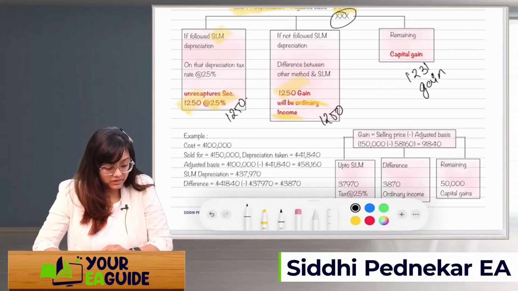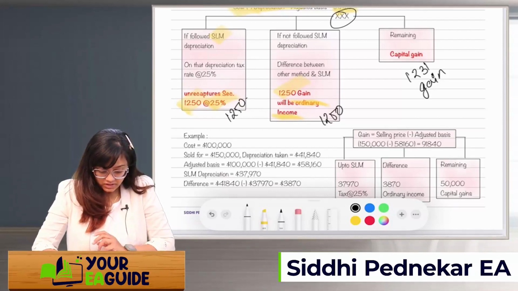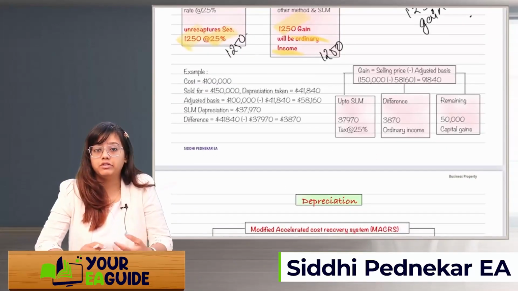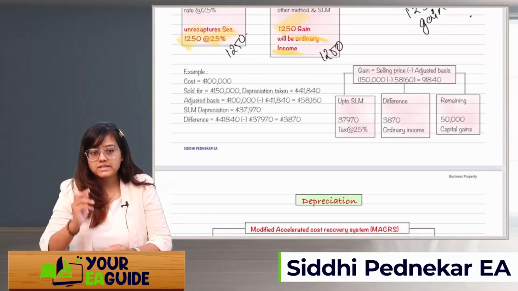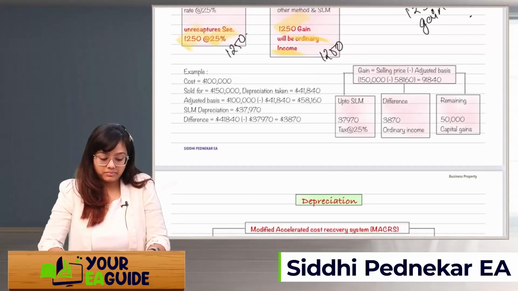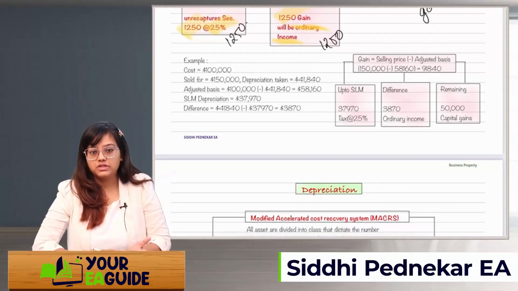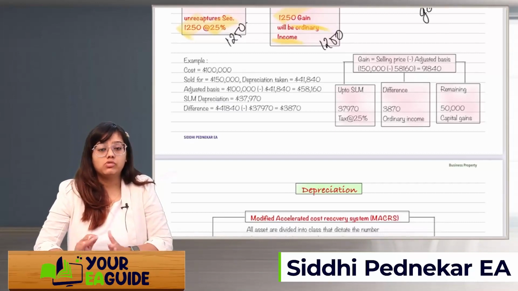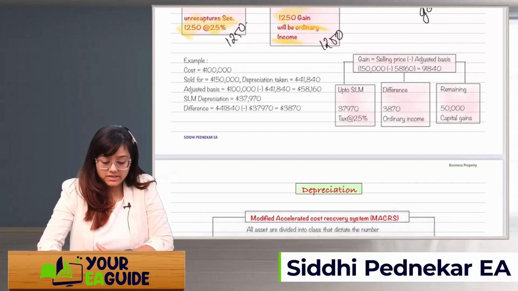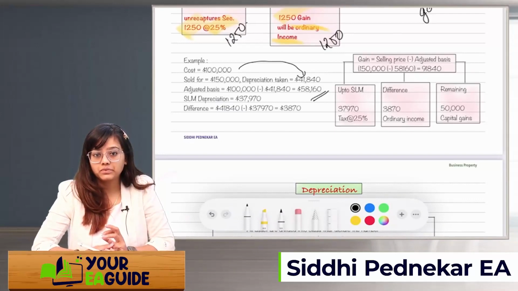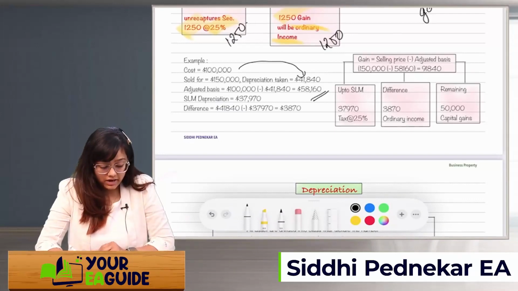All right, next, let's take one example on the same 1250 and 1245. If the cost of the asset is, say, $1 lakh, and that asset is sold for 1,50,000, and the depreciation taken was 41,840. So what will be your adjusted basis? Adjusted basis is nothing but the cost minus the depreciation, so my adjusted basis is 58,160.